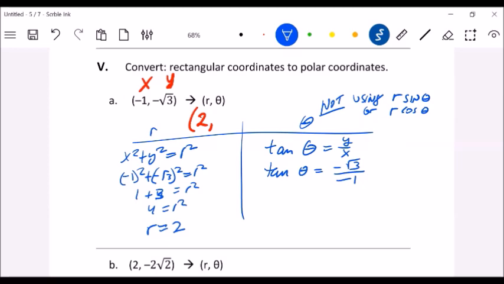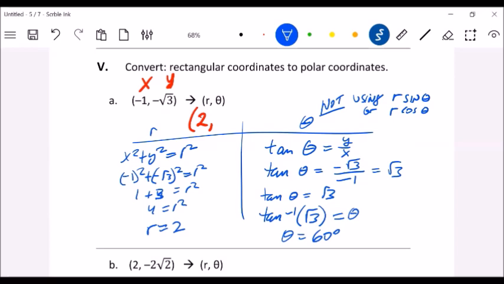And that's simply root 3, because the negatives cancel, and it's over 1. So when the tangent of theta is equal to root 3, we want to know what theta is. So it's tangent minus 1 on the calculator to get the angle when the tangent is root 3, and we get that theta is equal to 60 degrees.